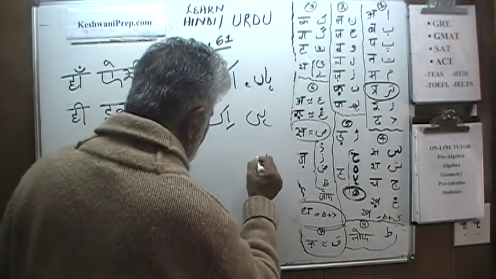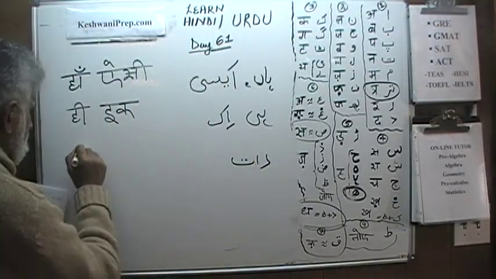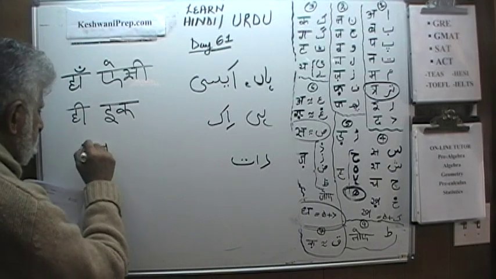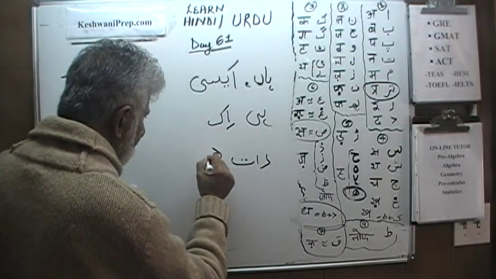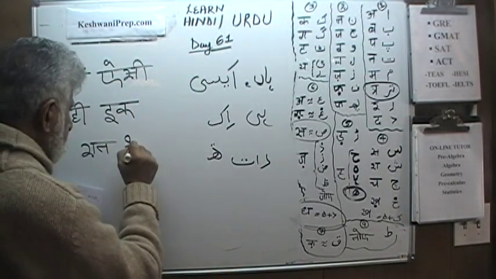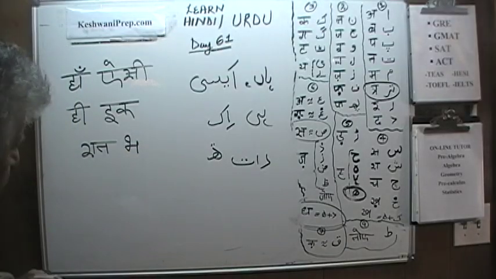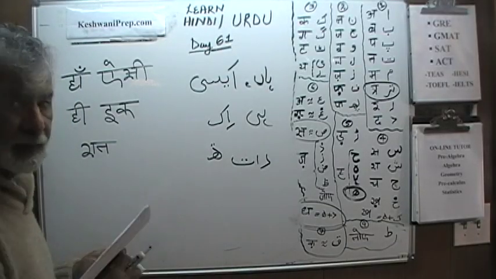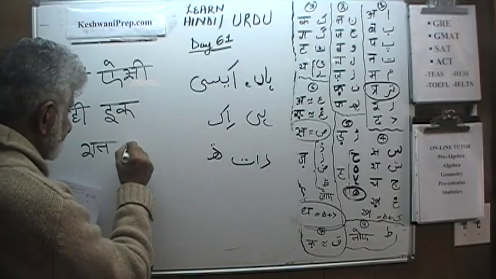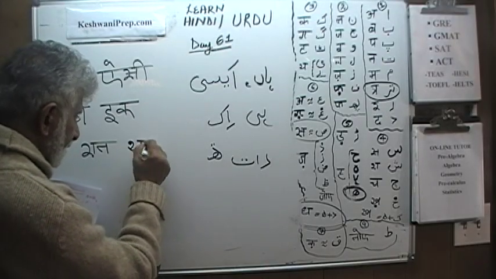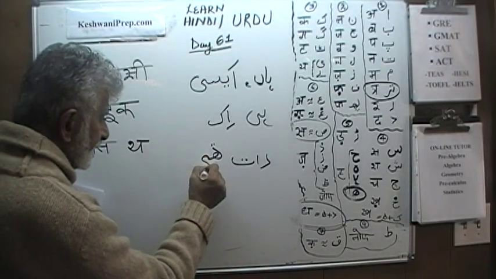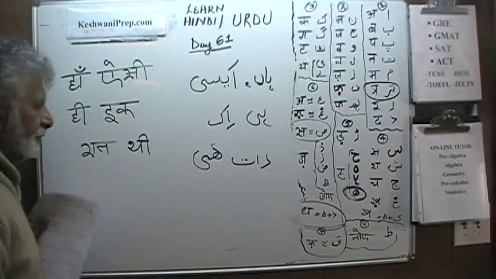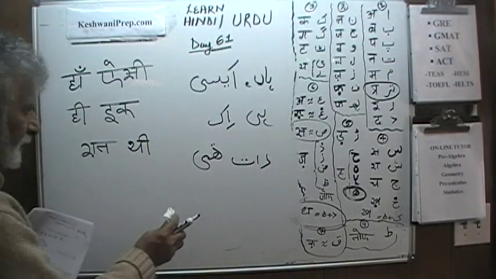Raat thi. That's a th. That's a b. Bloody hell. We need a th. We don't need a th, we need a thi. Let me rewrite the thi, because that's not how we write it.